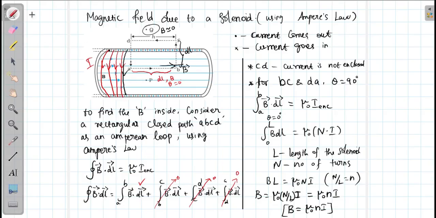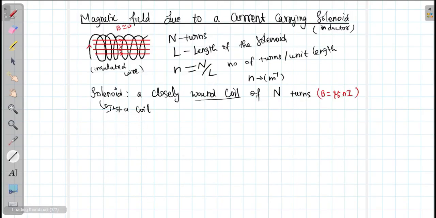So this is about the magnetic field due to a solenoid. Here we also have a graph for this particular case, and we'll draw the graph on the previous page.